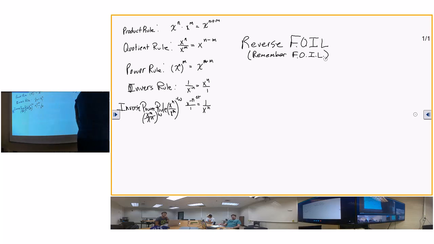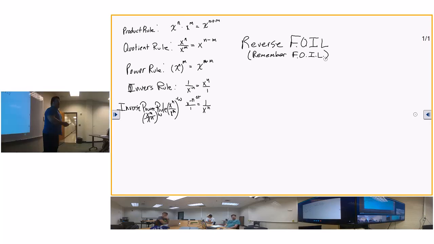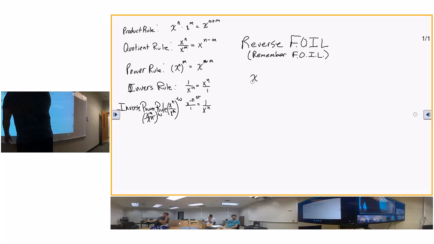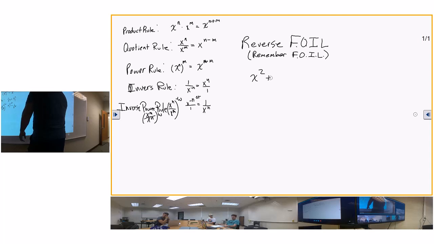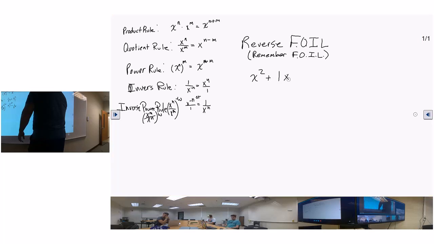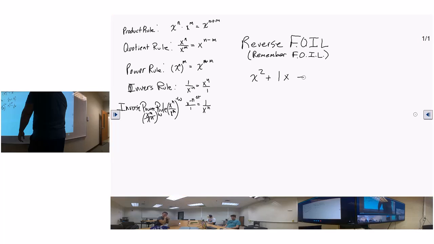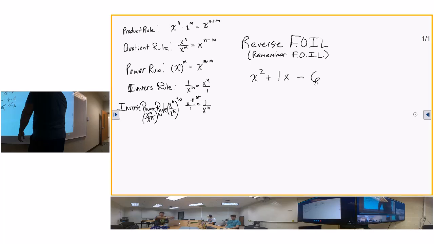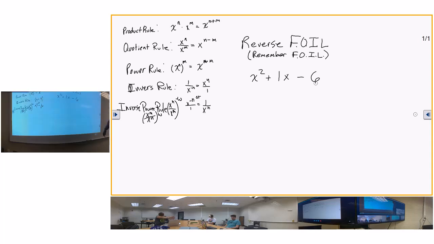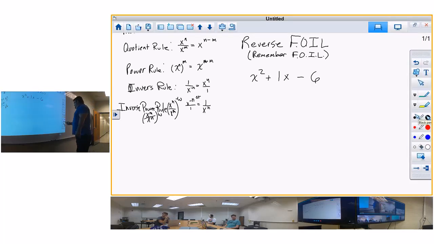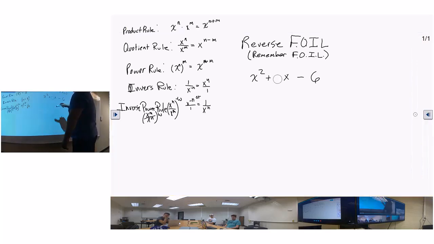Okay? So if I give you a problem like x squared plus 1x, or plus x, minus 6. Okay? So you don't need the 1x there, but you can take that out.